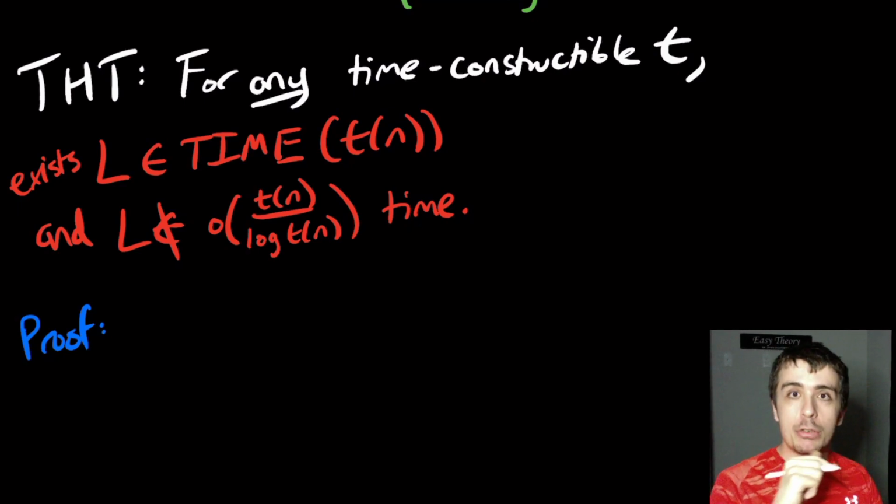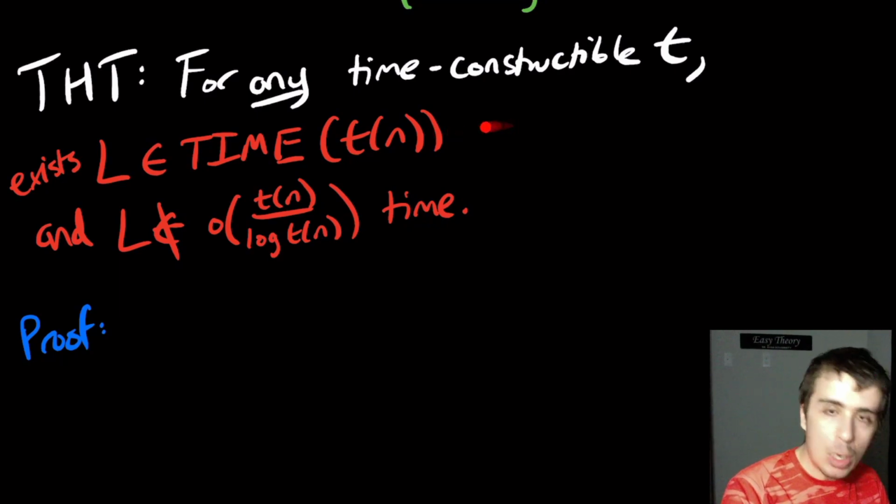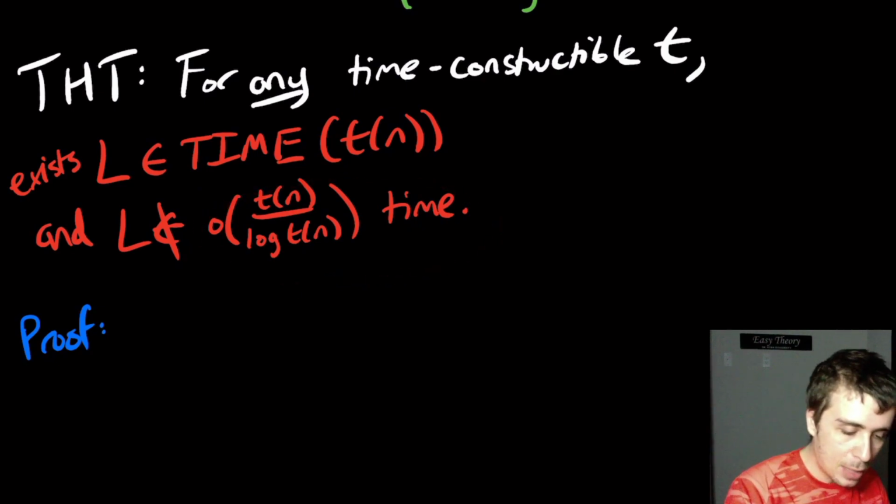What we want to do is build a machine that definitely runs in this amount of time and differs from any machine running in the lower runtime.